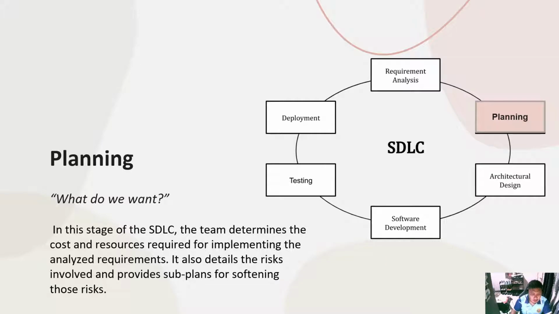In this stage of the SDLC, the team determines the cost and resources required for implementing the analyzed requirements. It also details the risks involved and provides sub-plans for softening those risks. In other words, the team should determine the feasibility of the project and how they can implement it successfully with low risk in mind.